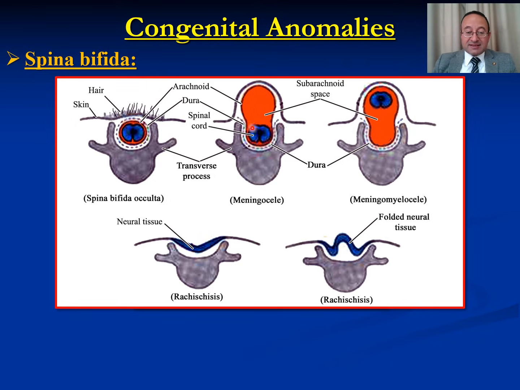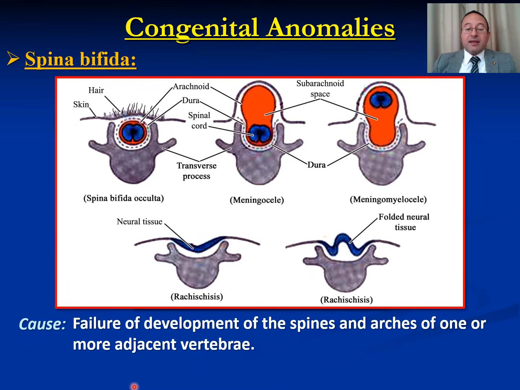These are the different varieties of spina bifida. We will discuss them now. But as a general rule, the cause of spina bifida is failure of development of the spines and neural arch of one or more vertebrae.